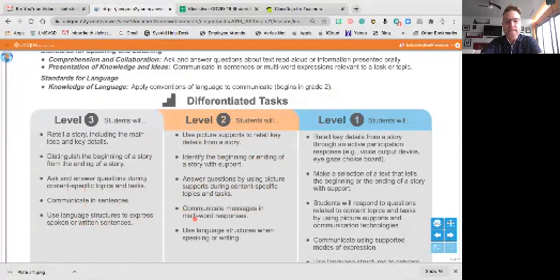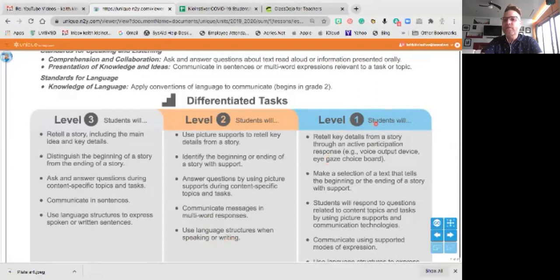Answer questions by using picture support during content-specific topics and tasks. Communicate messages in multi-word responses. Use language structure when speaking or writing. Level 1 students will retell key details from a story through an active participation response. Examples: voice output device, eye gaze, choice board.